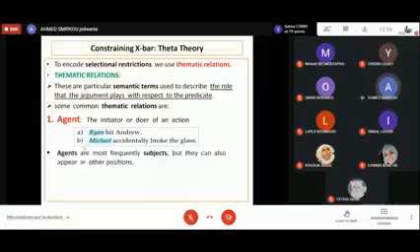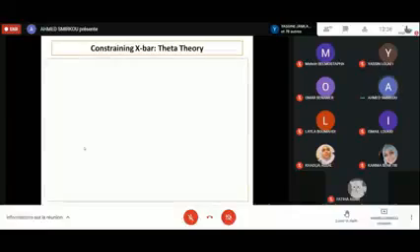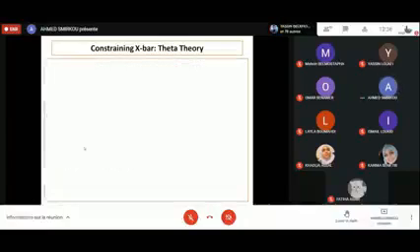So agents are most frequently subjects, but they can also appear in other positions. For example, in passive voice, we say, Andrew was hit by Ryan. So Ryan is the agent, but it's not in the subject position. So the first thematic relation is the agent.